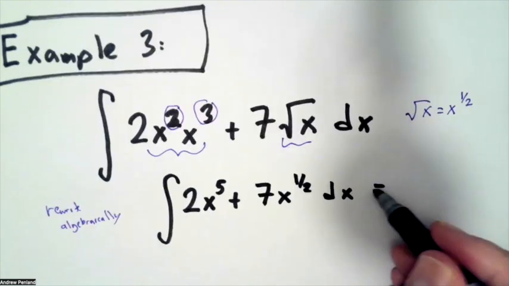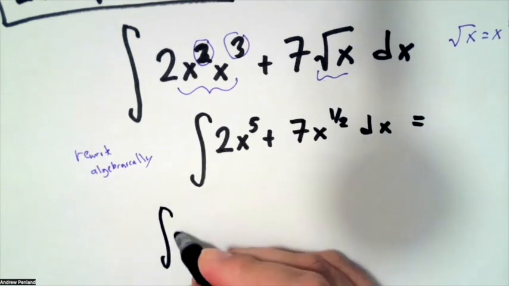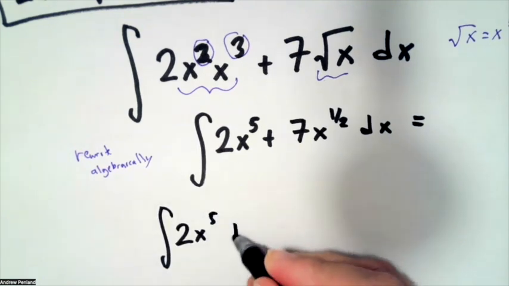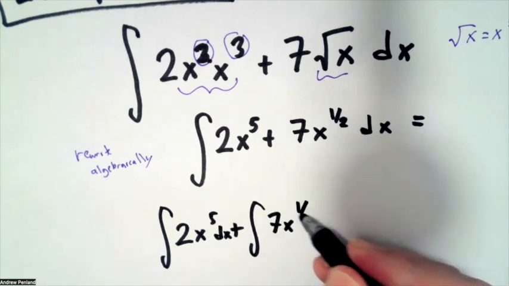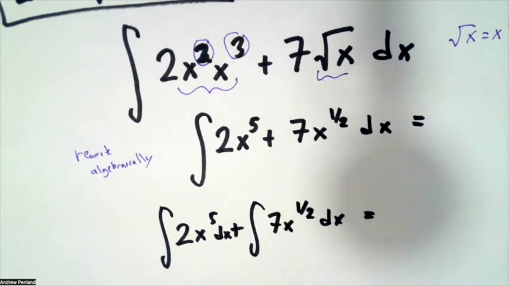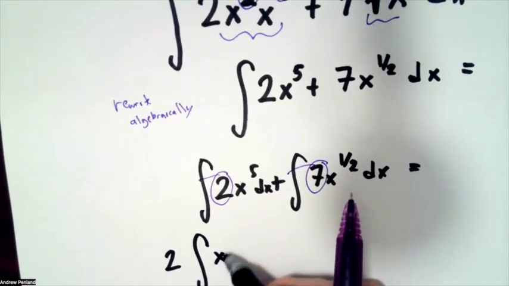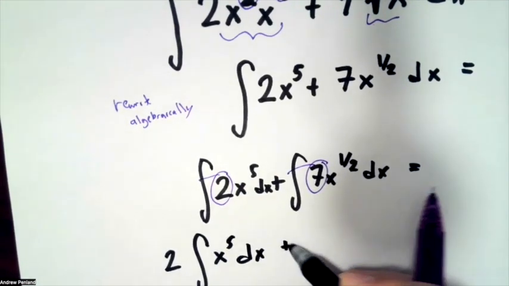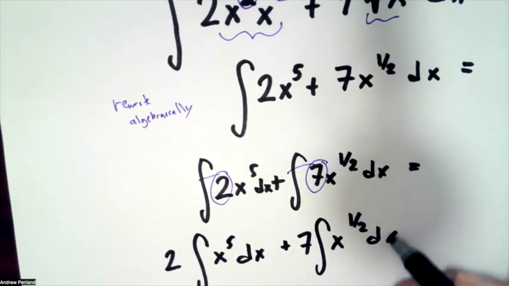Now with the sum rule, I can take this and split it up into the indefinite integral of 2x to the 5th dx plus the indefinite integral of 7x to the 1/2 dx. And then with the constant multiple rule, I'm going to pull these things out front. So this would become 2 times the indefinite integral of x to the fifth plus 7 times the indefinite integral of x to the 1/2.